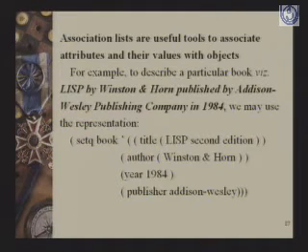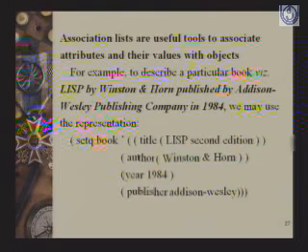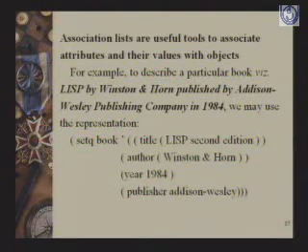And this is the structure or construct which is used in the LISP language to provide the information that the book under consideration is LISP second edition, written by the authors Winston and Horn in the year 1984, and the book is published by Addison Wesley.